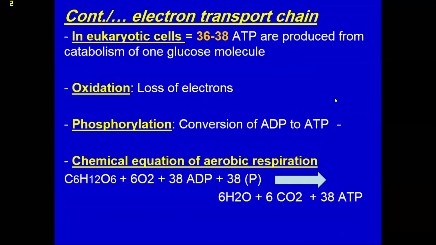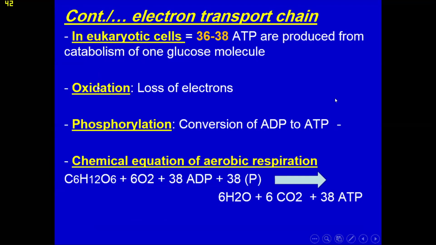Now in eukaryotic cells, 36 to 38 ATP as we calculated. 36 to 38 are produced from the catabolism of one glucose molecule.